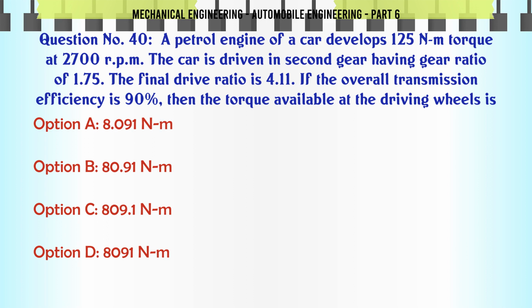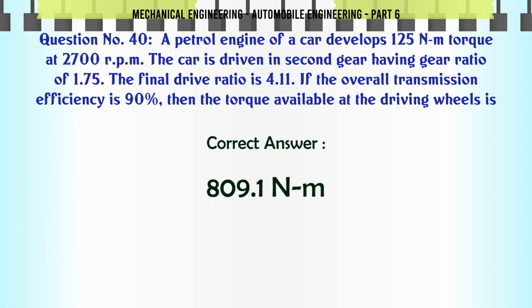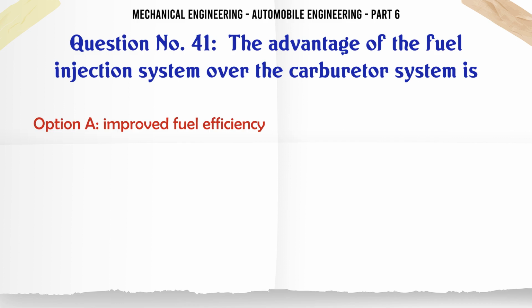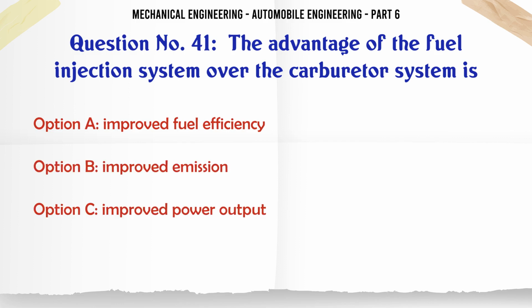If the overall transmission efficiency is 90 percent, then the torque available at the driving wheels is: A. 8.091 Nm, B. 80.91 Nm, C. 809.1 Nm, D. 8091 Nm. The correct answer is 809.1 Nm.